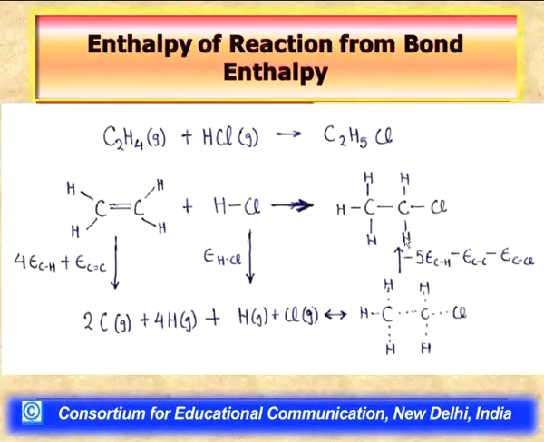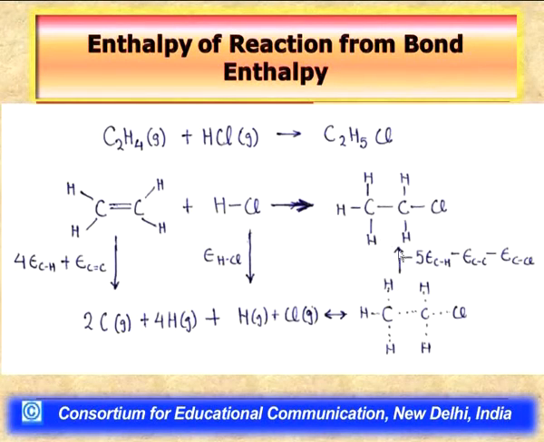All these atoms align themselves in the structure which leads to the formation of ethyl chloride. Here I have shown with dotted lines that gaseous atoms are present. They align themselves and ultimately, upon condensation, form ethyl chloride.